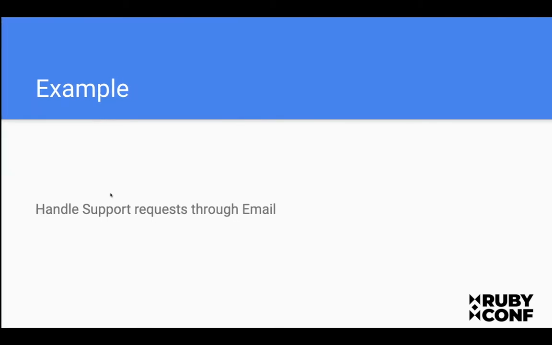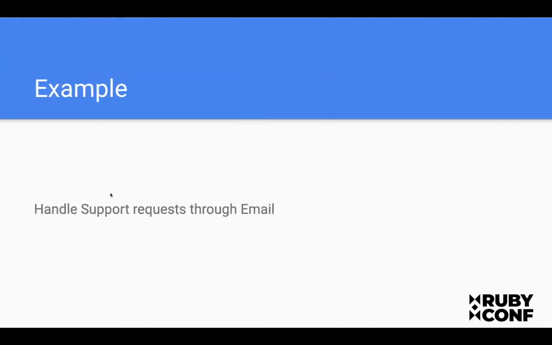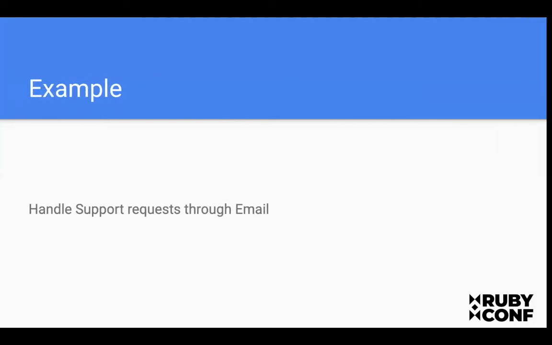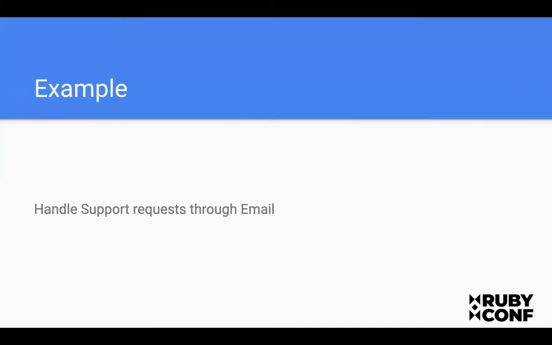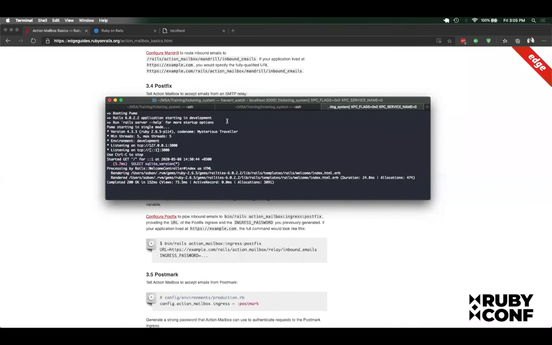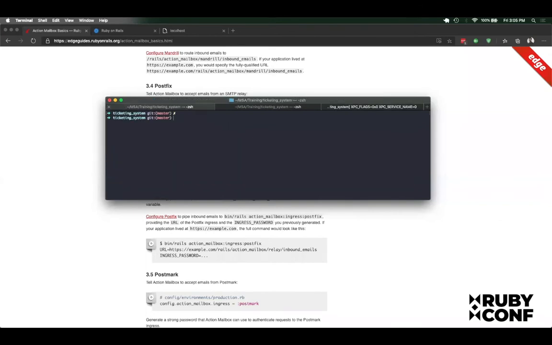So let's start. We will start with a simple Rails application which I already created, and we will see how we can use this in our application. To speed up the process, I already created a simple Rails application which has nothing in it at the moment.